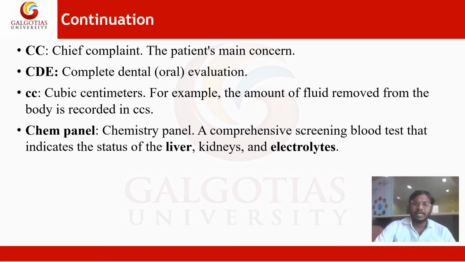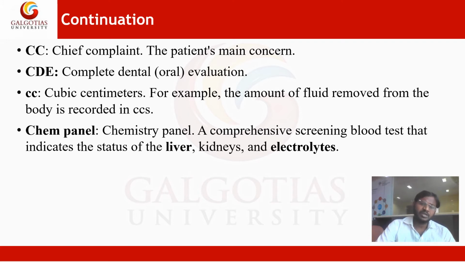Next one, chem panel, chemistry panel. Under the chemistry panel, we can diagnose with a blood test liver abnormality, kidney abnormality, and electrolyte abnormality.